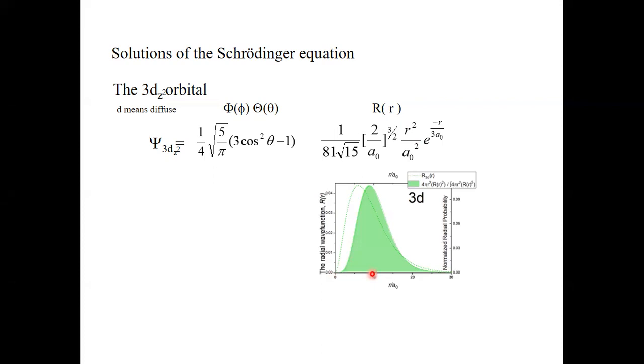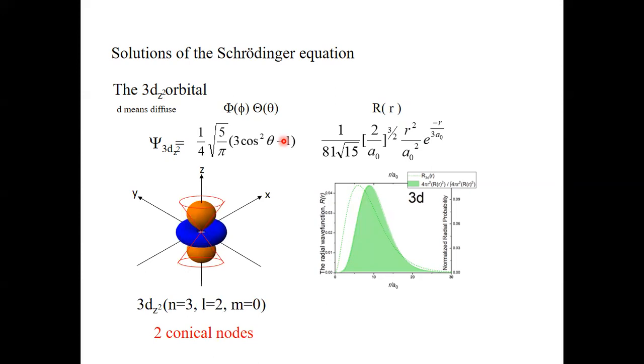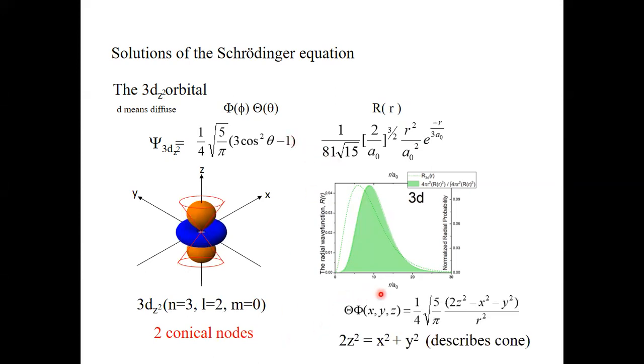Okay, so now what about the shape? The shape is again defined by this part of the wave function. In order to determine the shape, it's helpful to transform this part into Cartesian coordinates. Now in Cartesian coordinates, this term becomes quarter times the square root of 5 over pi times 2z squared minus x squared minus y squared over r squared.